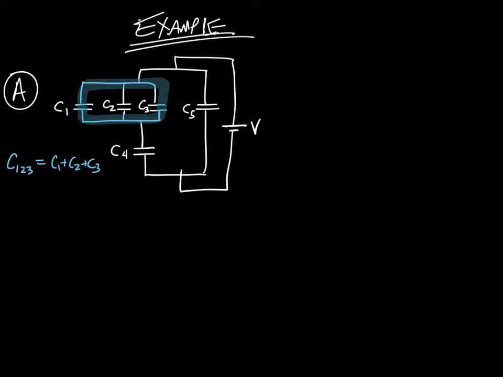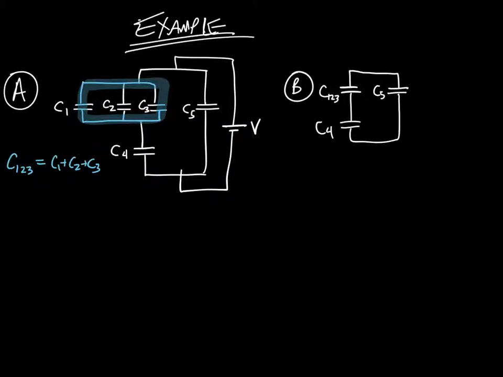Well, that means in my next step, circuit B, instead of having those 3 in parallel, I could have the equivalent that I just computed, C1, 2, 3, and that is parallel to C5 in series with C4, and then all of that's still on the battery.